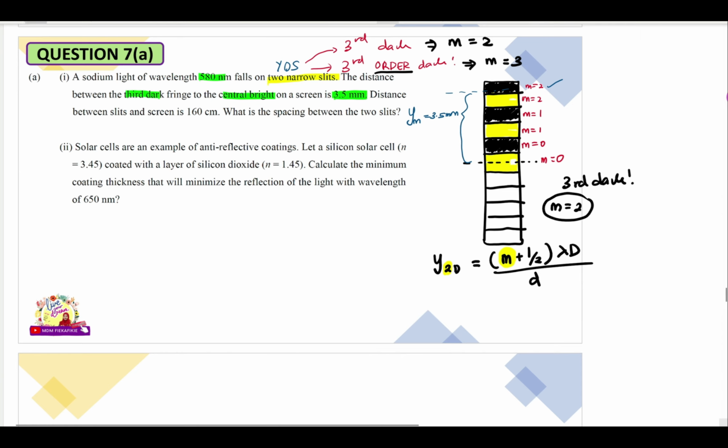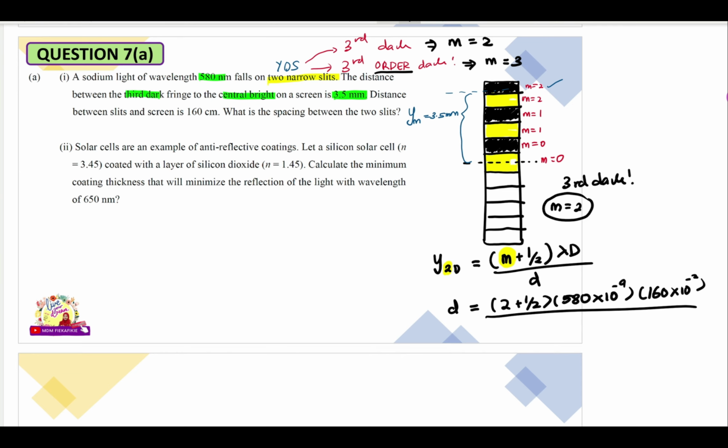So, masukkan dalam equation. Kita nak cari d. Okay, 2 plus half. Lambda dia dah bagi 580 nanometer. And the distance between the slits and the screen is, is it? No, 160. Okay, 160 centimeter. Kira elok-elok.